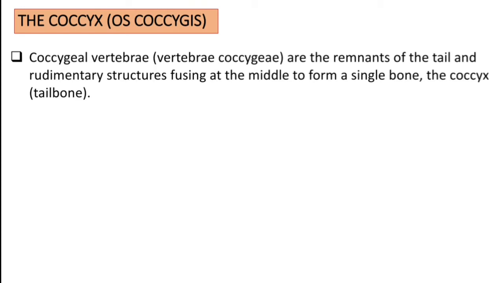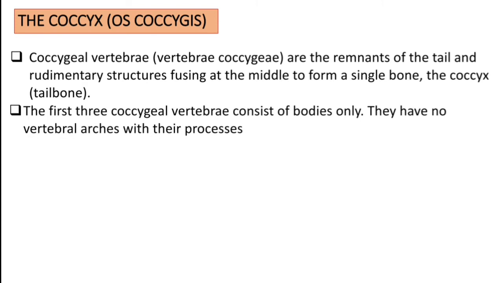The coccygeal vertebrae, vertebrae coccygeae, are the remnants of the tail and rudimentary structures fusing at the middle to form a single bone, the coccyx or the tailbone. The first three coccygeal vertebrae consist of bodies only. There are no vertebral arches, right? So these vertebrae have no vertebral arches and no processes.